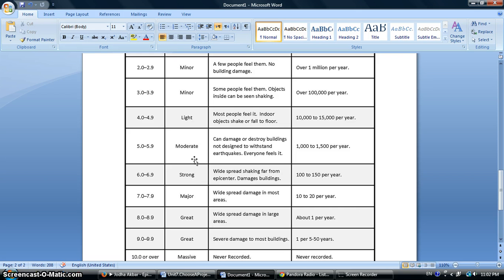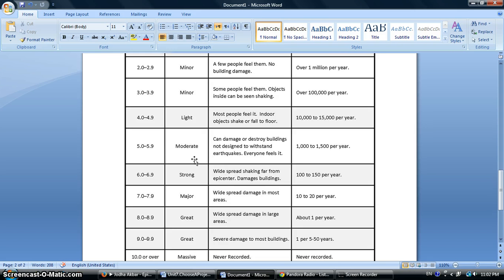And 8 to 9.9 would be considered great earthquakes, and they have widespread damage in large areas and severe damage to most buildings, but these don't occur very often. For 8 to 8.9, it's about 1 per year, so they still happen every year, but not as often.